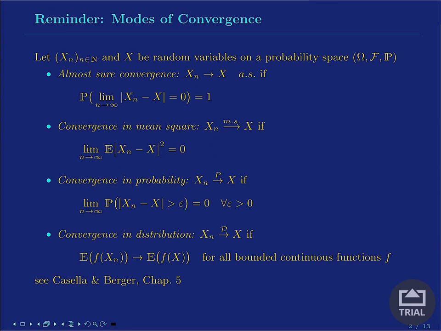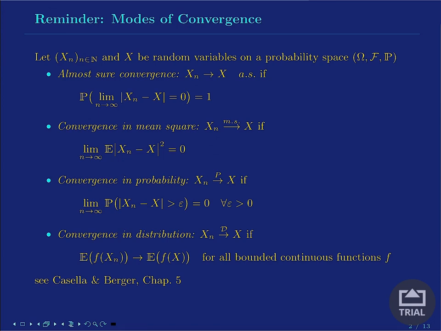The convergence in mean square, in contrast, puts large weight to very large deviations. So it is harder for a sequence of random variables to satisfy the convergence in mean square.